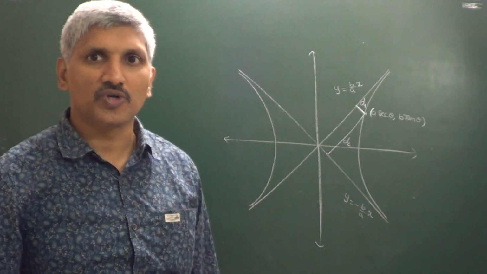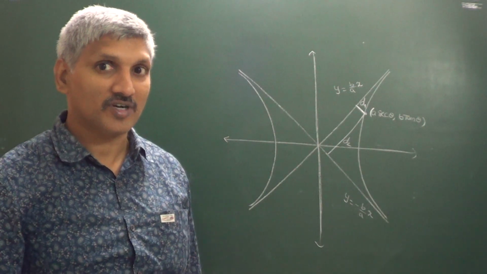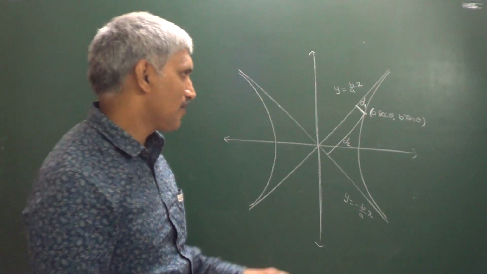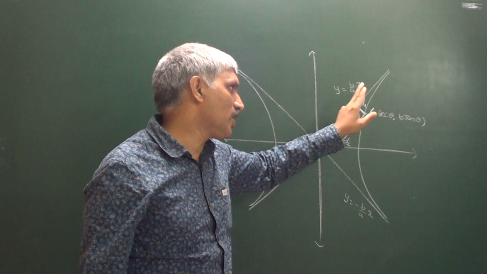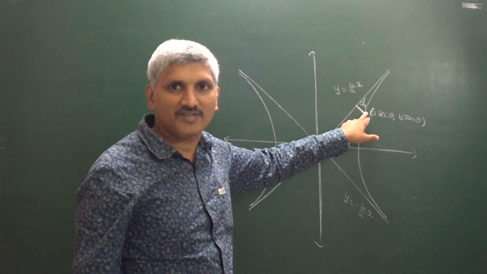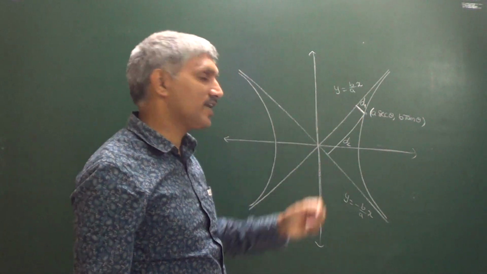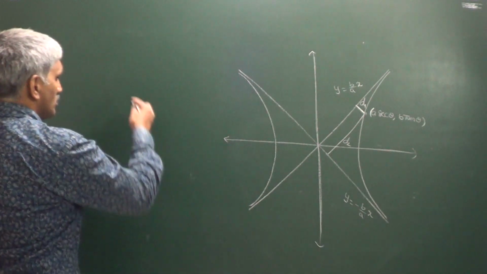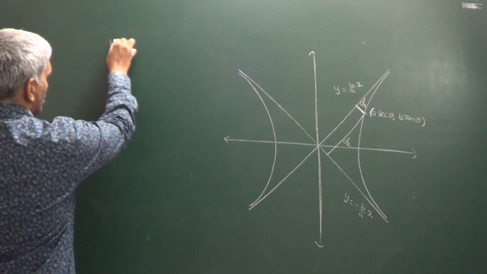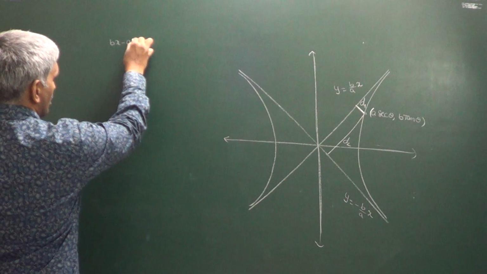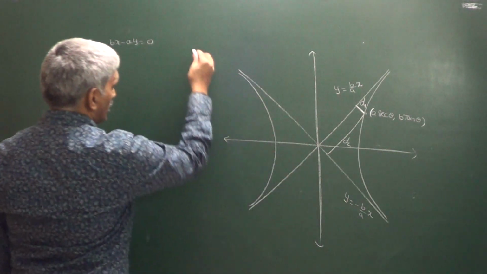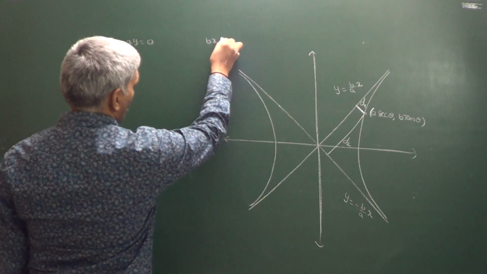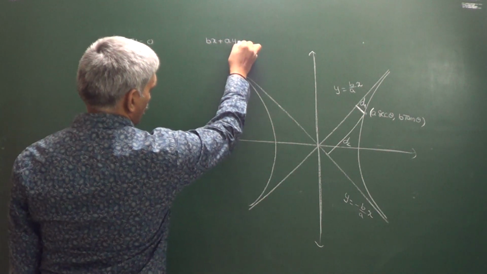What about the product of those two distances? The product of the perpendicular distances from any point on the hyperbola to its asymptotes. Okay, you can check. The first asymptote equation is bx - ay = 0, and the second asymptote equation is bx + ay = 0.